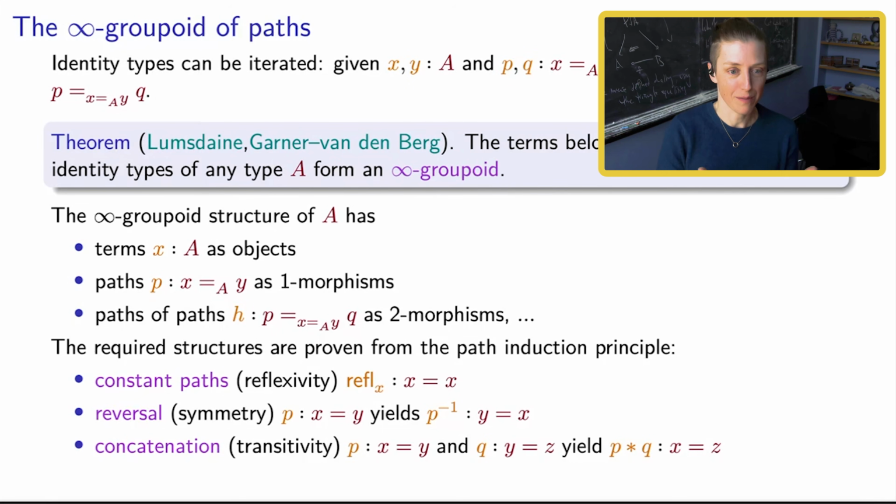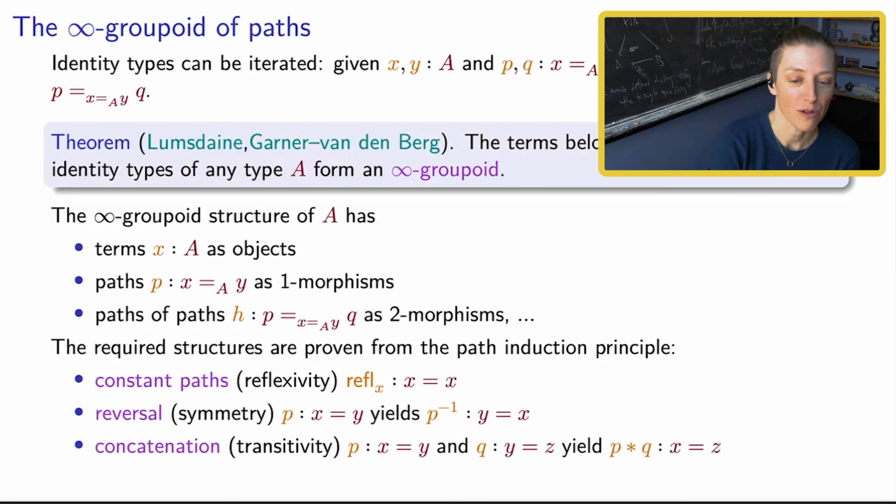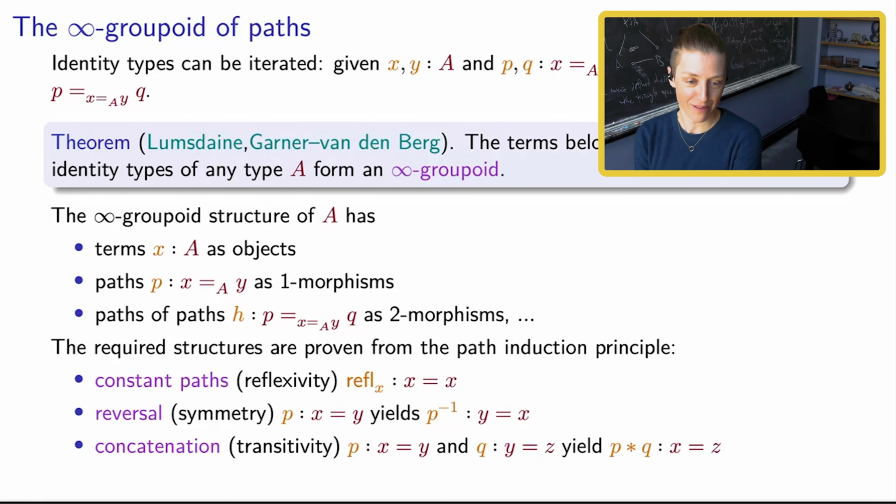So it has morphisms in every dimension, but also things like composition and inverses and identities and so on. So the identities are the constant paths or the reflexivity terms. The inverses are defined by something that's called reversal or maybe symmetry if we're thinking logically. So a thing you can prove by path induction is that if you have a path from x to y, then you get a path from y to x.